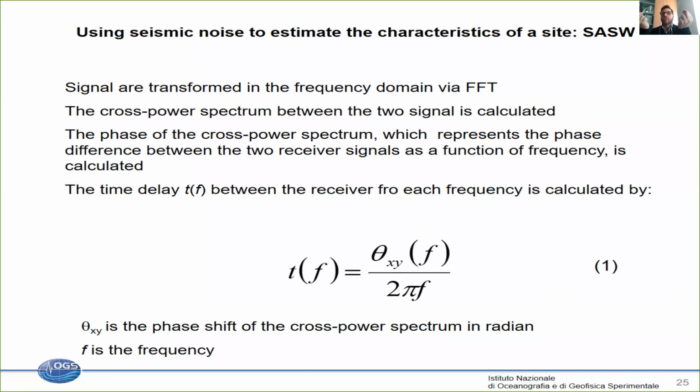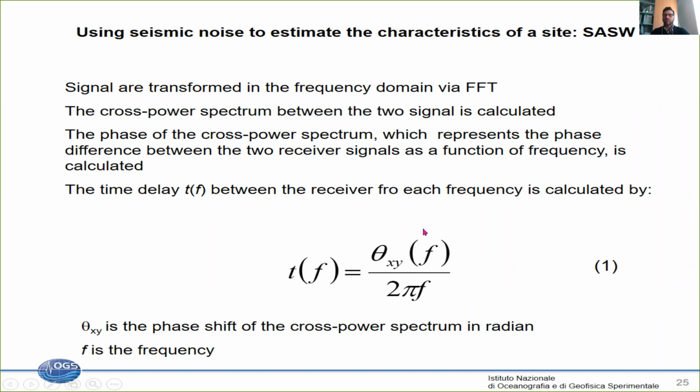I can measure this difference in time for each frequency automatically in this way. So looking at the Fourier spectrum of each signal and calculating the cross spectrum, automatically I have a phase difference.